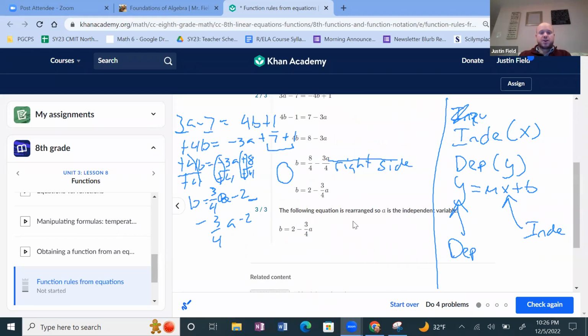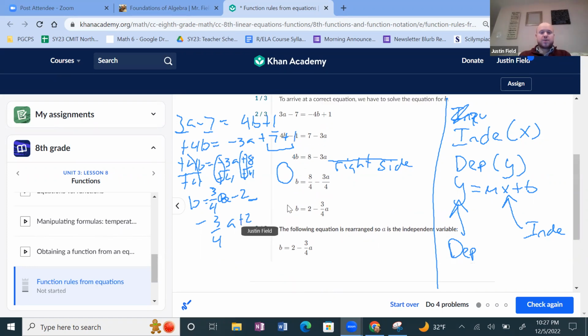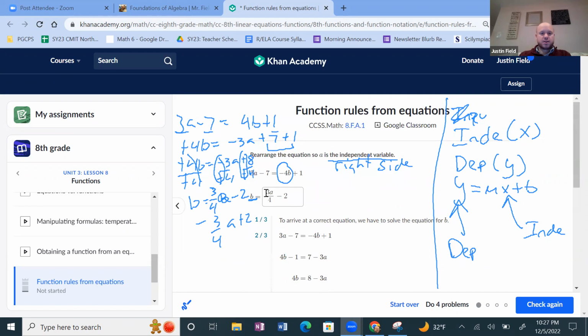I messed up the sign. Okay, so negative 3/4 a plus 2.